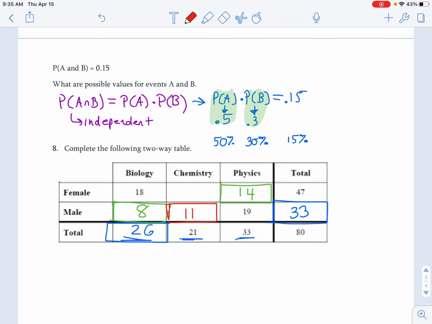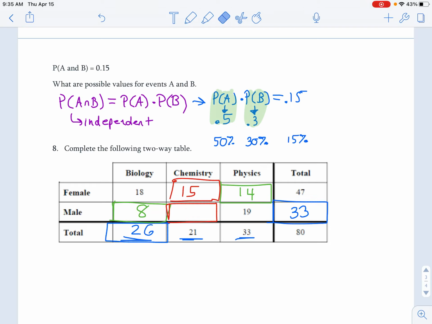Again, let me be exact with my calculations and try to have no mistakes. Something doesn't seem right here. Let me just double check my work. Oh, silly mistake.